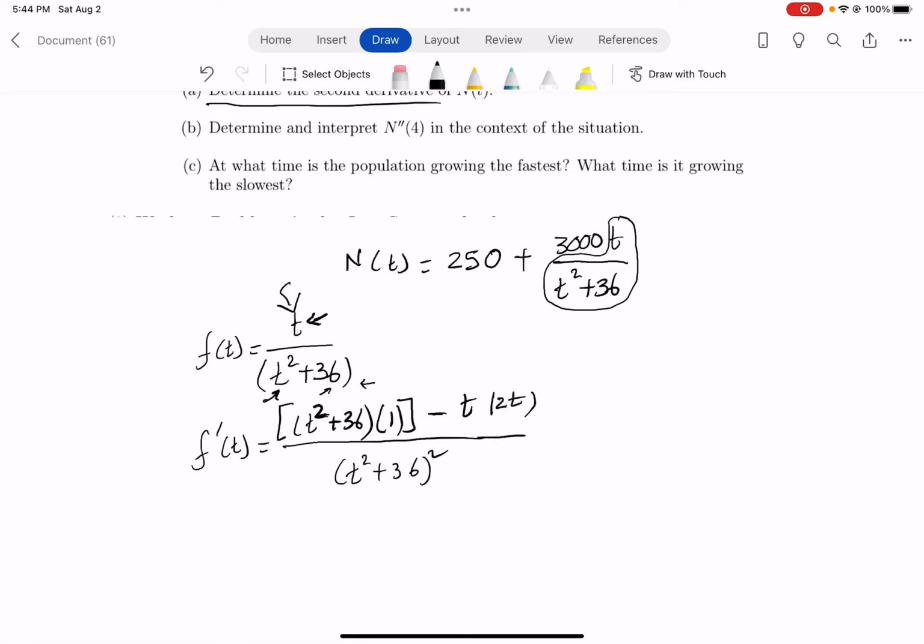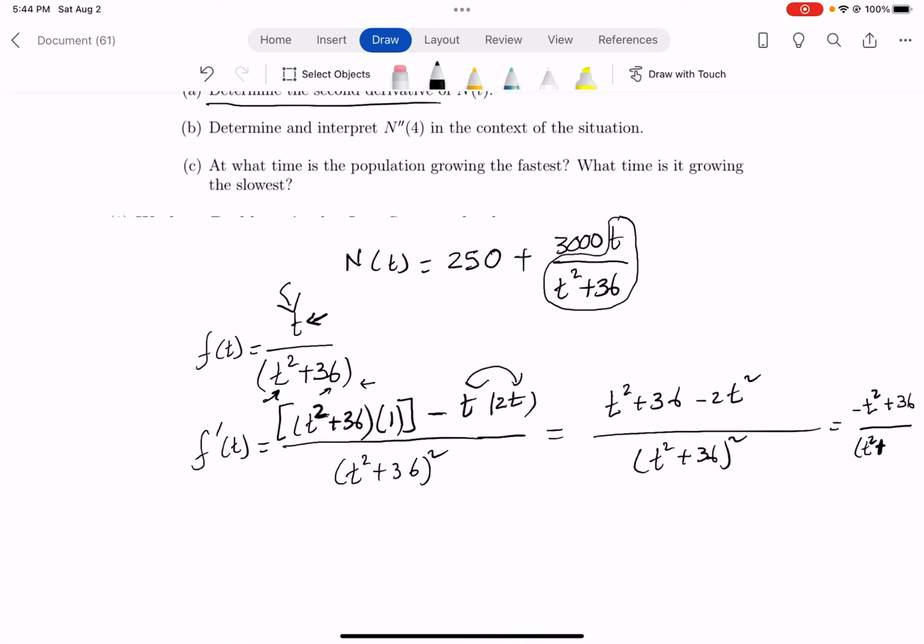So now you're going to open up the terms. It's t squared plus 36 minus 2t squared over t squared plus 36 squared. So you could summarize it like that: minus t squared plus 36 over t squared plus 36 squared.